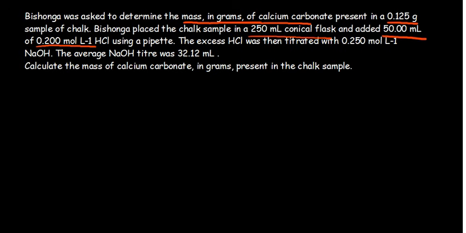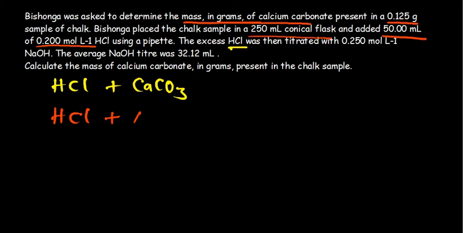So what is our first reaction? Again, quickly write out the equation. So we have HCl reacting with the calcium carbonate, which is contained in the chalk, and then the excess hydrochloric acid was titrated, so that is our second reaction. So the excess HCl was titrated against sodium hydroxide. What are the products there?